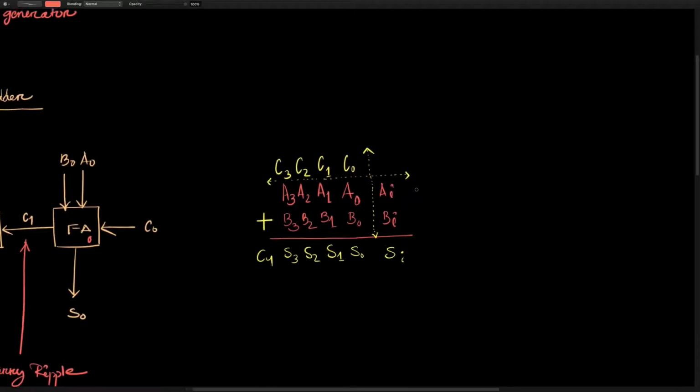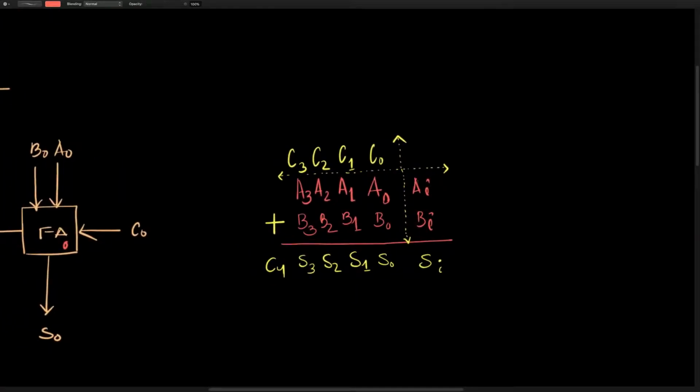Let your first binary number be A of i, which is a 4-bit binary number, and B of i, let that also be a 4-bit binary number. We're going to name them a0, a1, a2 and a3, b0, b1, b2 and b3. What about the addition of these two numbers?